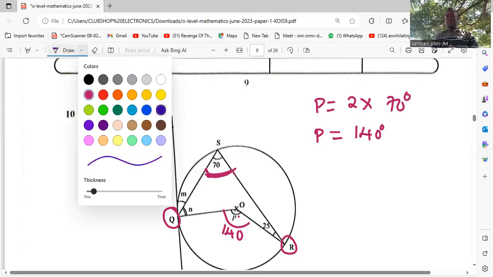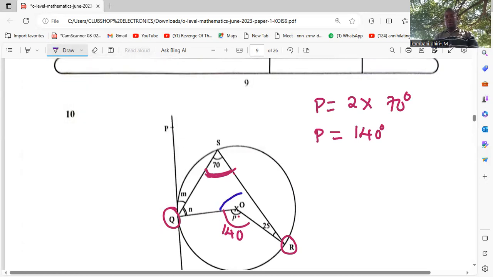But we can also try to work out this first to make our job easy, because of N here. We'll say a complete turn is 360 degrees. So when we say 360 degrees minus 140 degrees, here we get 220 degrees.